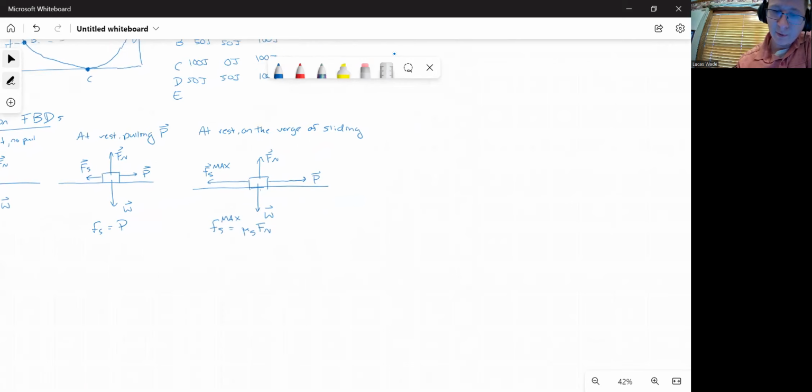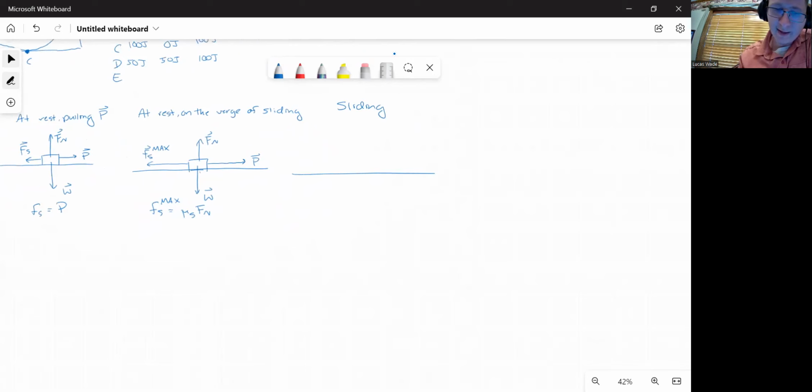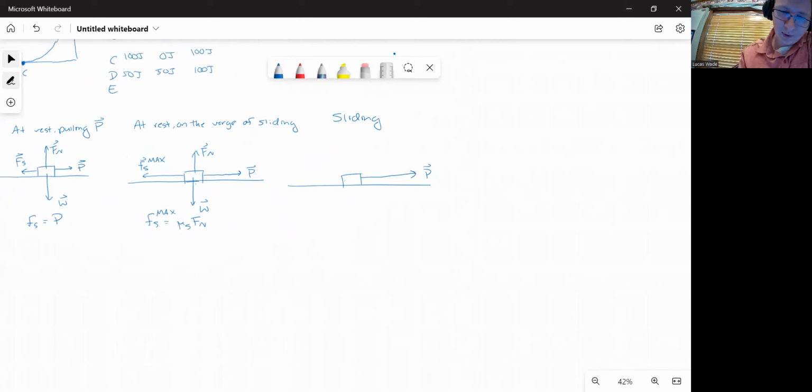And then if we pull even harder, got the block sliding along. Okay. And nothing's changed in the vertical direction.